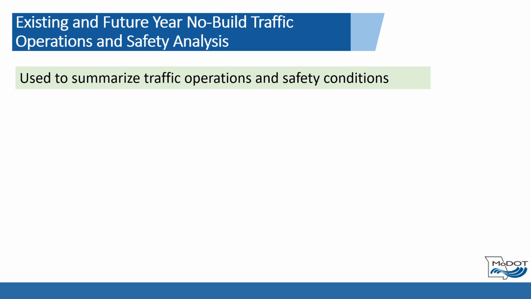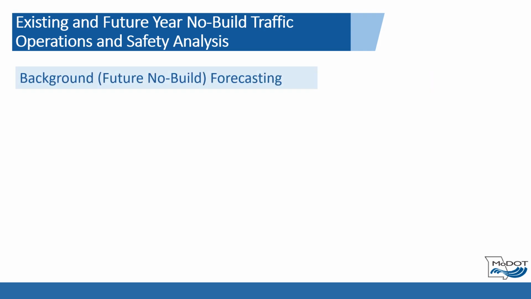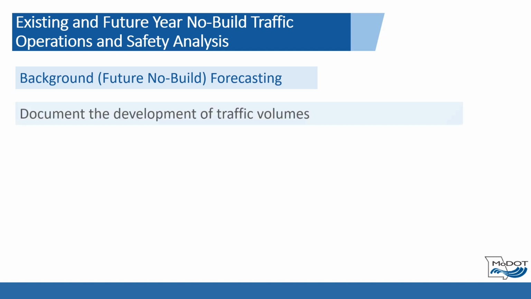Subsections include background or future no-build forecasting, which documents the development of the traffic volumes that will be on the transportation network in a horizon or future year without the construction of the proposed project.